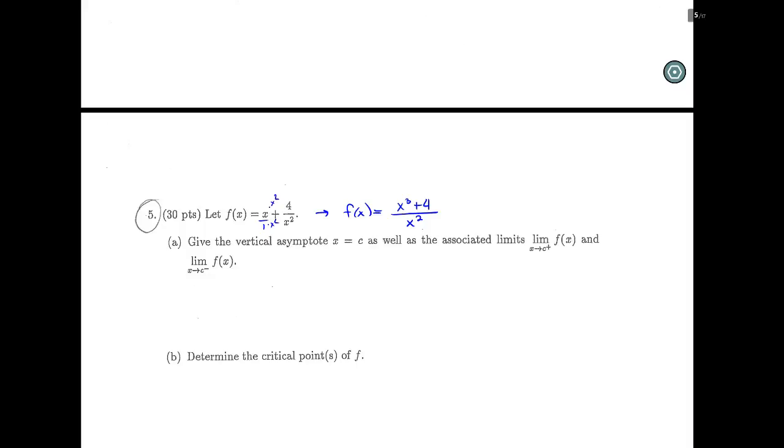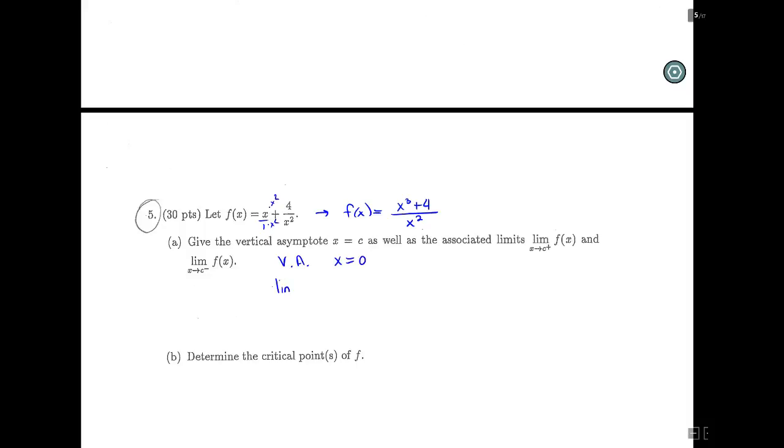Now, when considering our vertical asymptote, now that we have it in this rational function, we look to see if we can simplify anything. We can't, so we set the denominator equal to 0. So there is a vertical asymptote at x equals 0.